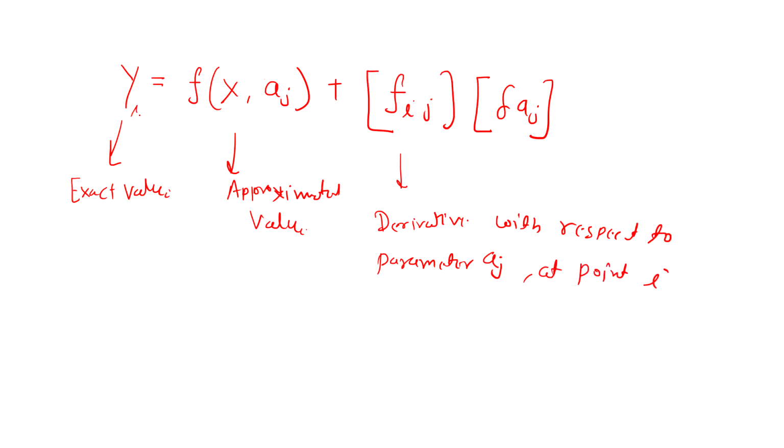So here this is i, and this delta aj is the difference of the parameter.